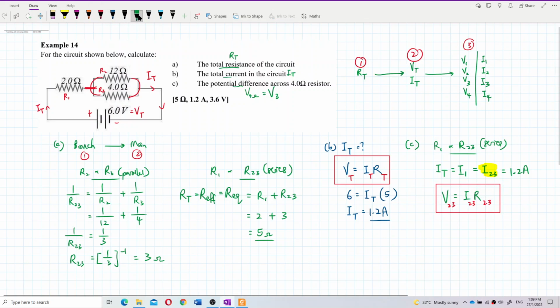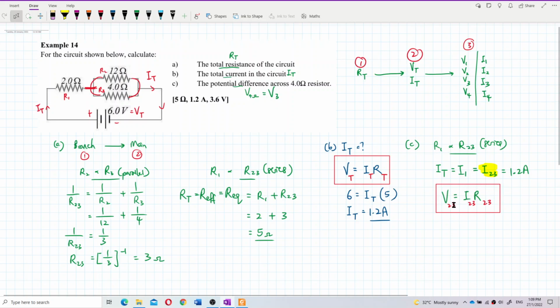That's all. So voltage across 2 and 3 I can find. Later I can use the parallel connection, saying that V23 equals the voltage across resistance 2 and the voltage across resistance 3. Equal voltage because they are parallel. That's how I do it.